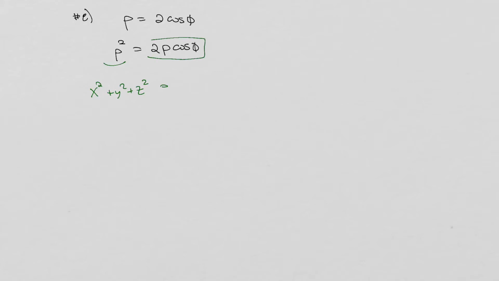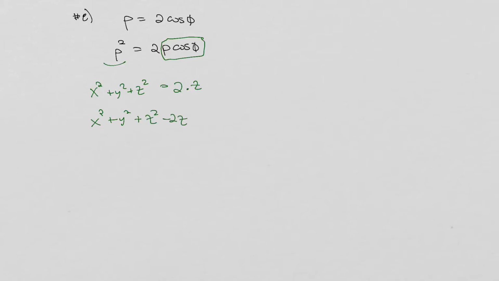What is rho times cosine of phi? It's just z. So then I can pull everything over to one side again.